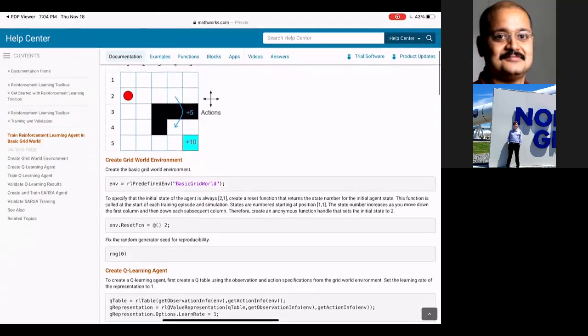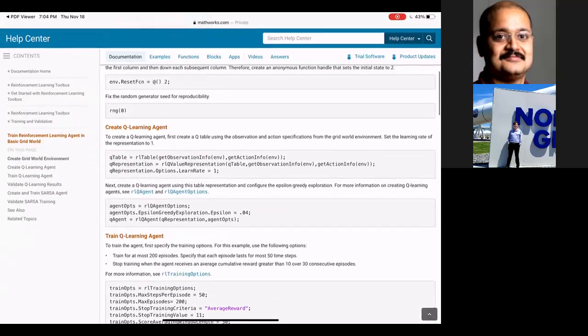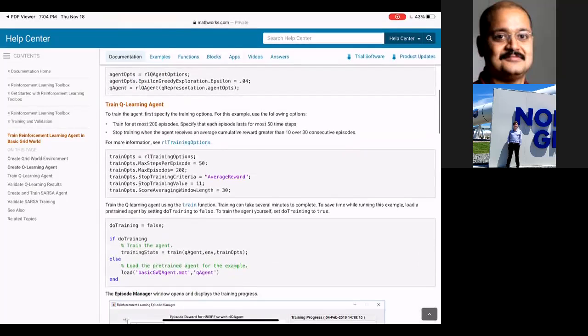If you get a chance, please load this grid world environment. Then you can run through this code. There is Q learning, where you can define the Q learning and decide the structure.